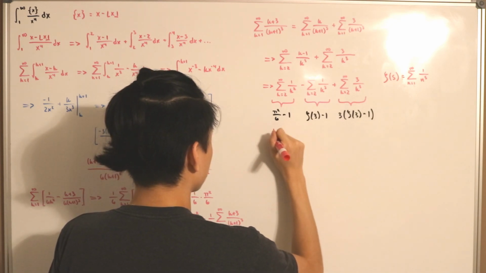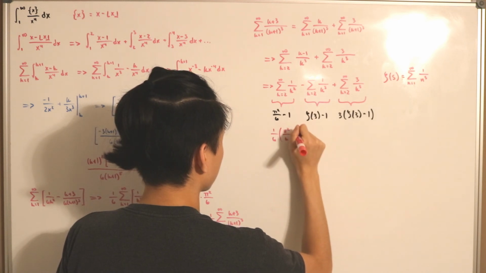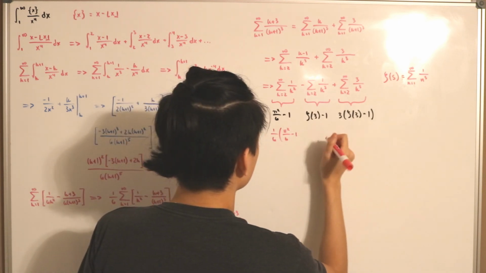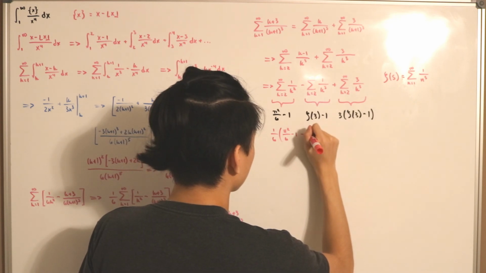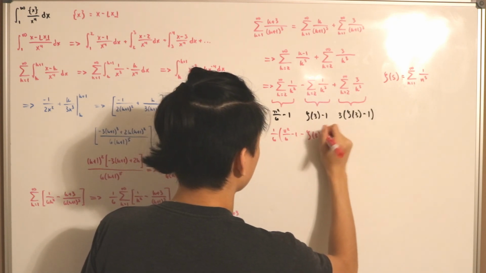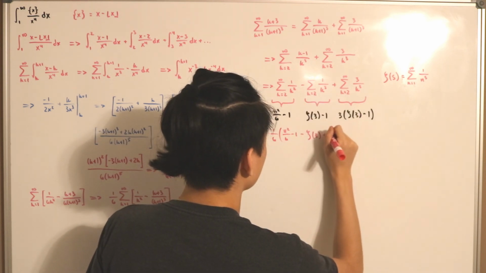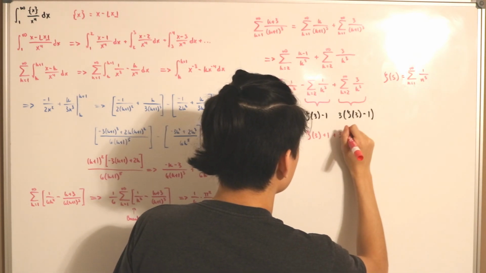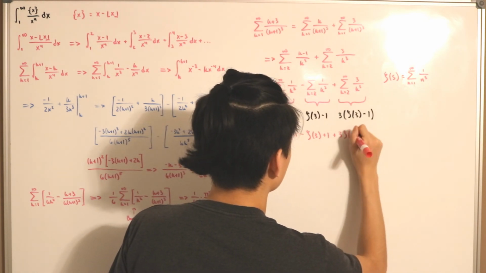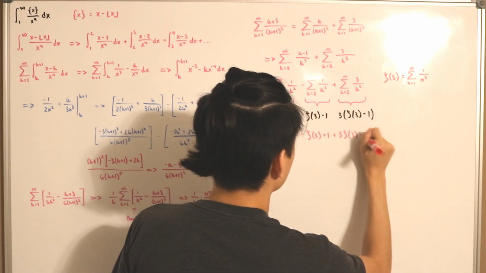So this is 1 over 6 times pi squared divided by 6 minus 1, and then minus zeta 3, then plus 1, and then plus 3 times the zeta function at s equals 3, and then minus 3.